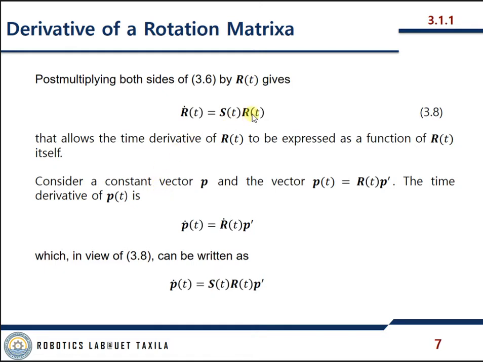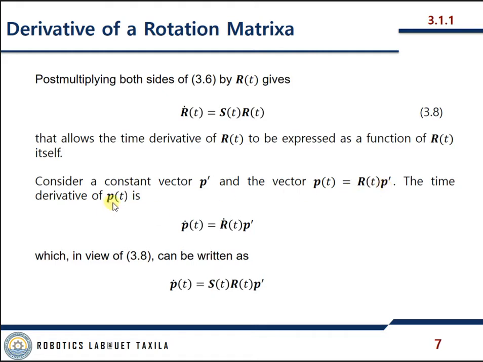So let's discuss more about it. Consider a constant vector P dash, and the vector P is equal to the rotation matrix multiplied with P dash.